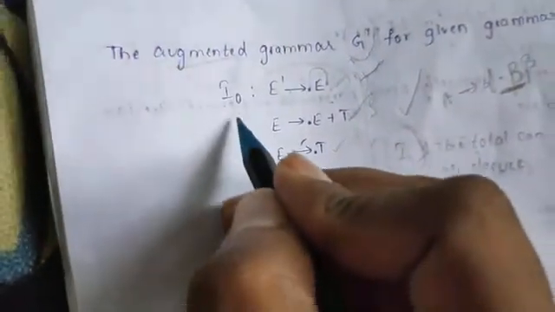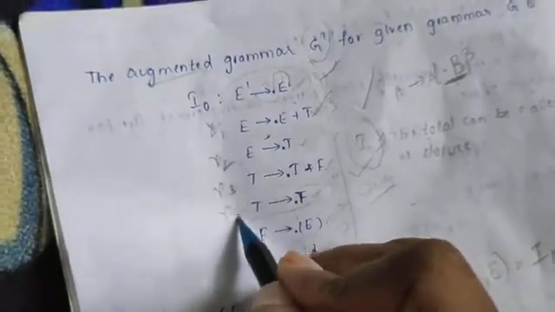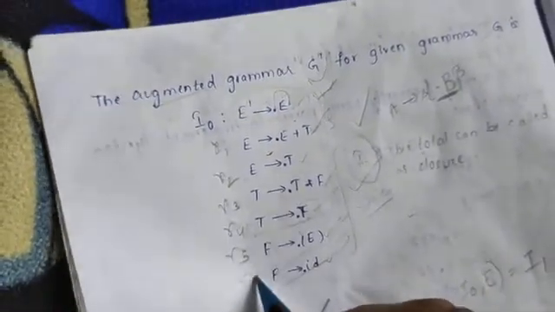To identify the reduces, first we need to start from the starting state I0 and number each production as R1, R2, R3, R4, R5, R6.